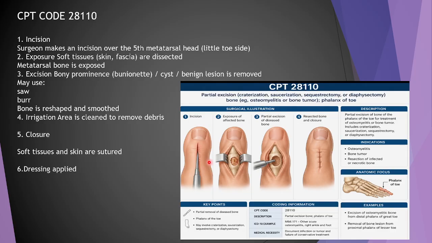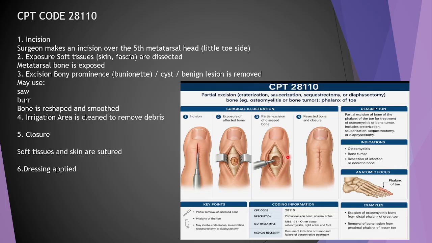After that, the soft tissue has been dissected so that the metatarsal bone is exposed. After the exposure of the bone, the physician will excise the bony prominences or benign lesion.